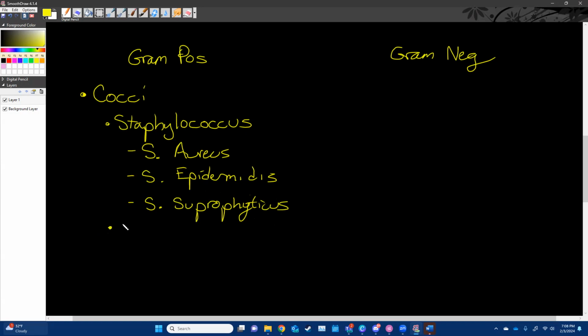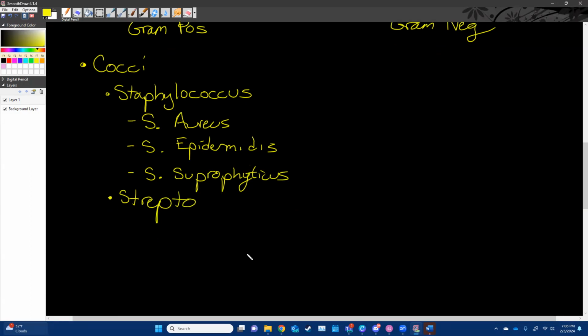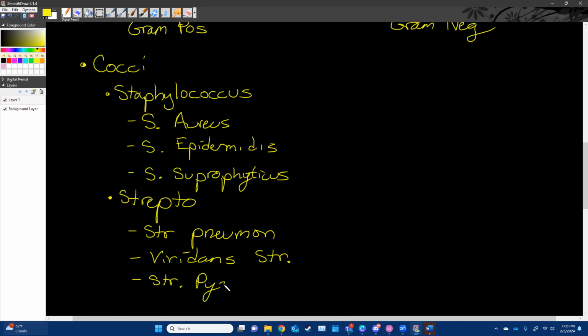The next kind of cocci that we have are the streptococci. The ones we have are strep pneumoniae, viridans strep, strep pyogenes, and enterococcus.